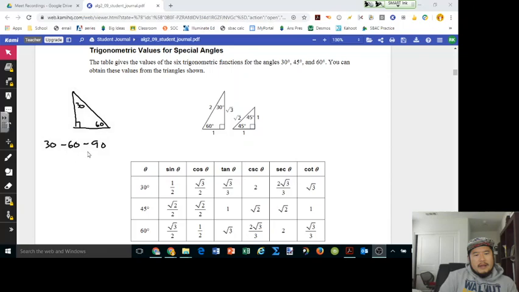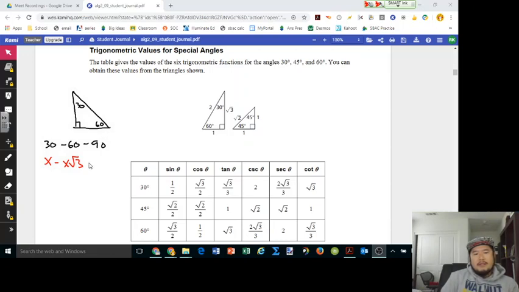Now, right here, I'll go ahead and write down 30, 60, 90. And what I want to show first is that we always say the side opposite of 30 is going to be x, which happens to be the leg. The x will represent the length of the leg. The side opposite of 60 is going to be x rad 3, or whatever the leg is times the square root of 3.